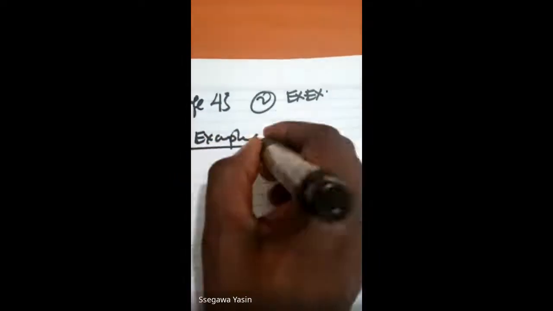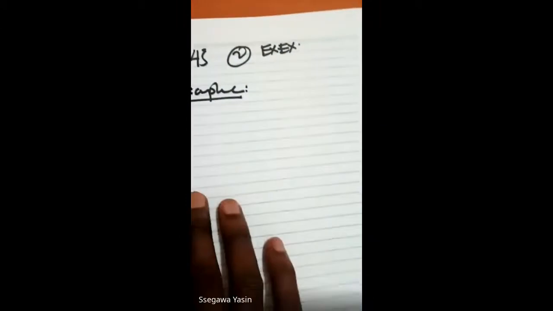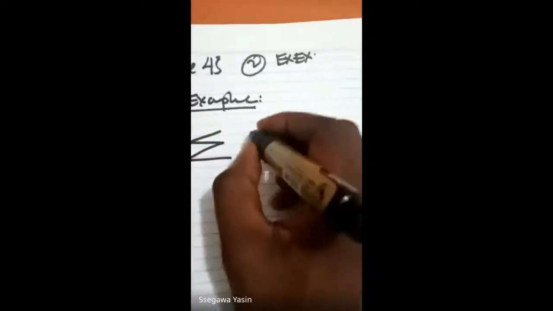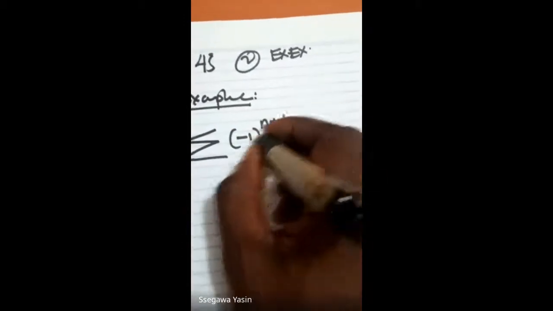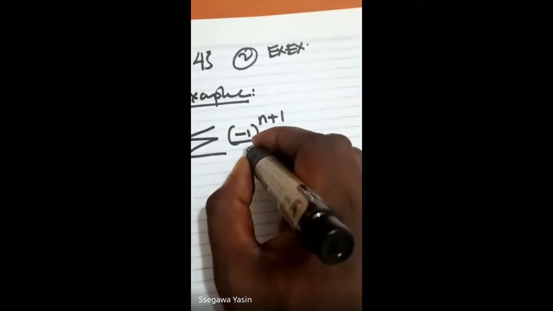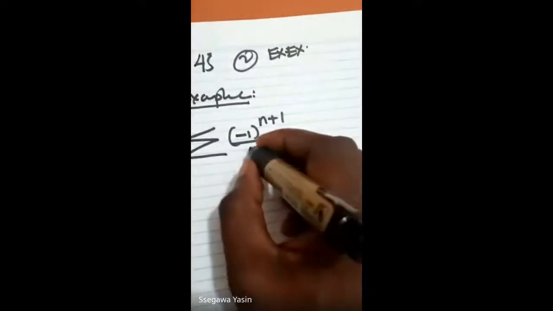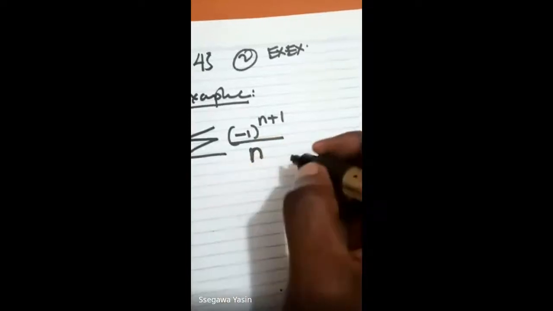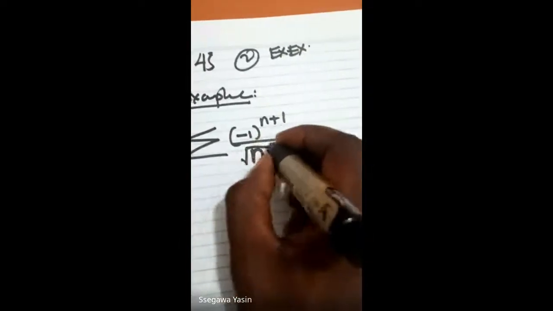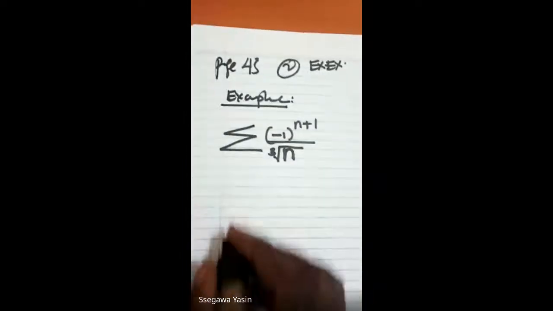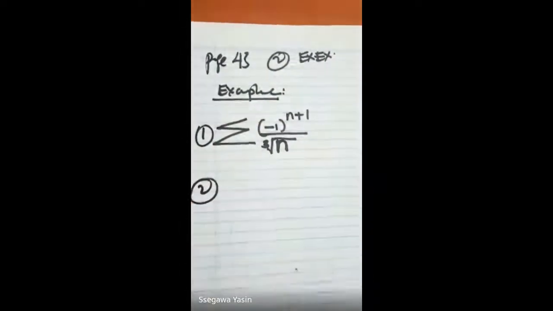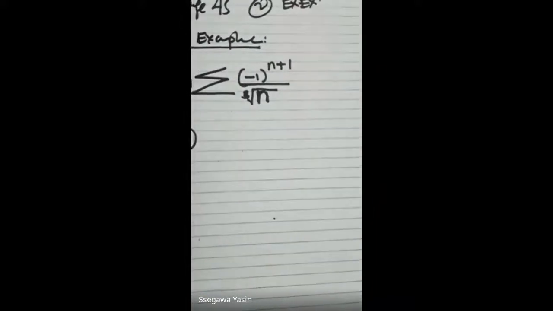I've first given you exercise, then let me give you some examples here. When we have the sum of (-1)^(n+1) over n to the 3. This is a 3, please. That is number 1. Number 2. Let me see if I can have some more examples here.